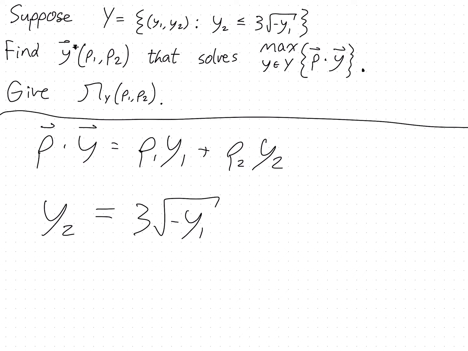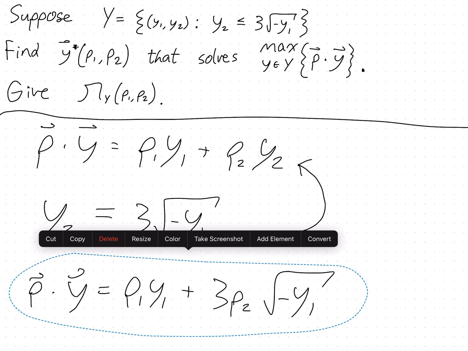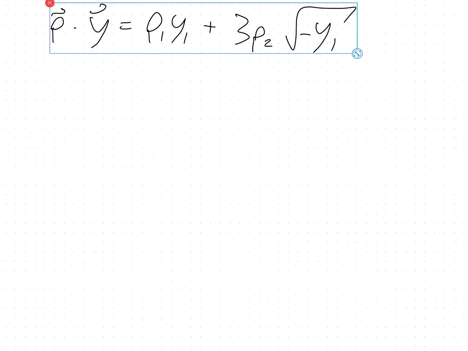So now for the purpose of solving, we're going to put this information up here to get p dot y is equal to p1 y1 plus p2 times 3 square root of negative y1, which we can rewrite as 3 p2 root negative y1. So now what we're maximizing amounts to a single variable maximization problem, which you might remember from Calculus 1.